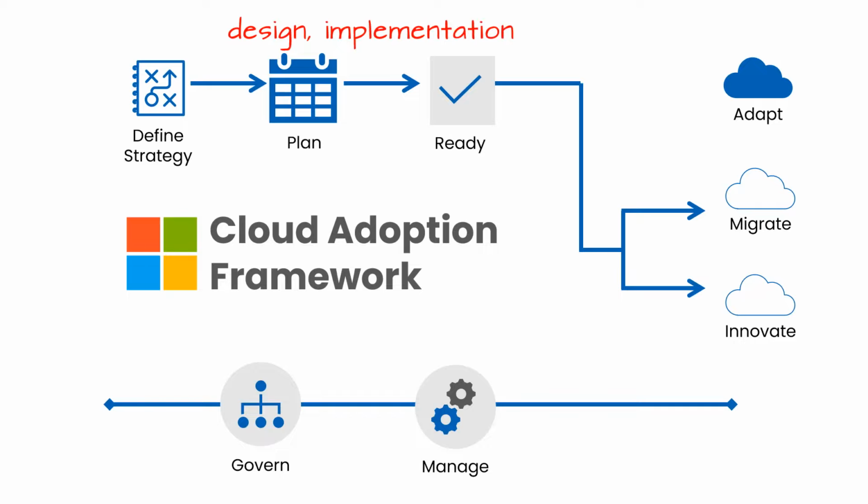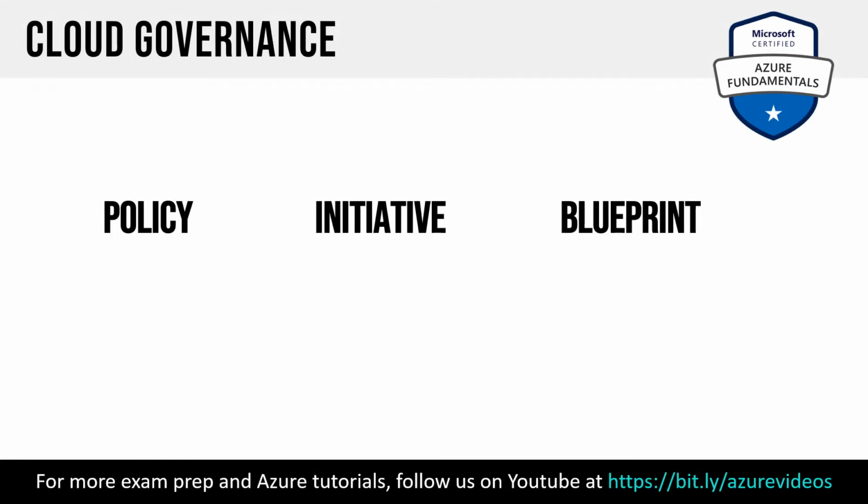I kind of think of that as design and implementation. And then they also have resources around governance and management. And I think of that as kind of enforcing your standards and the ongoing admin. But as I mentioned, they have a great body of documentation, implementation guidance, best practices, and tools to help you implement their framework.